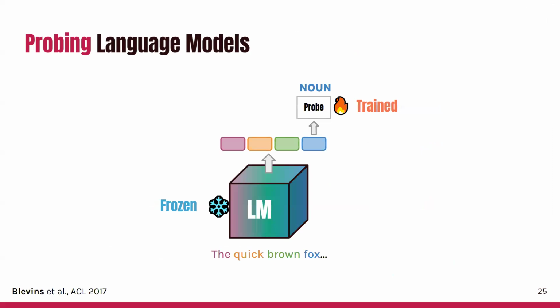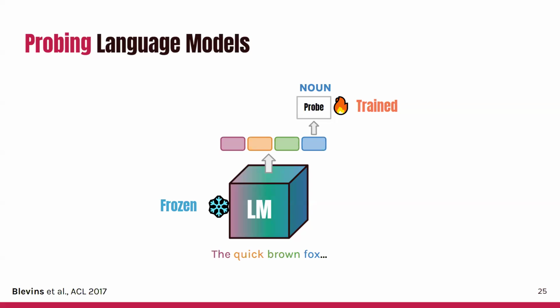So the way we're going to test these models for knowledge is to use a probing setup. To probe the model, we take the language model we're interested in and we freeze it so that its weights and representations remain fixed during this process. And then we take some text that we're interested in and we extract representations from the model encoding that text, and train a second machine learning classifier to recover some linguistic feature from the representation.